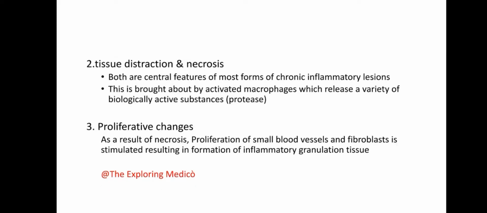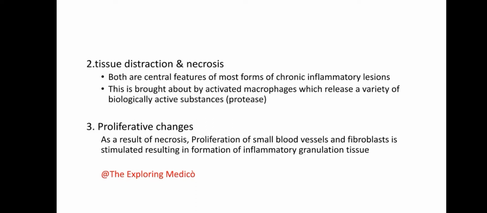Second, tissue destruction and necrosis are both central features of most forms of chronic inflammatory lesion. This is brought about by activated macrophages, which release a variety of biologically active substances.